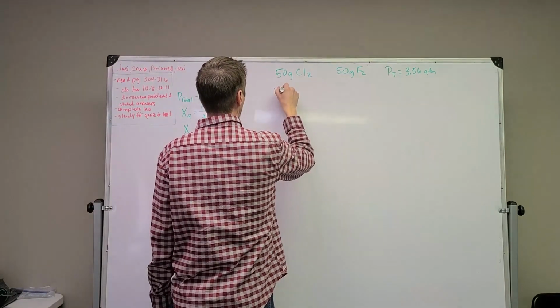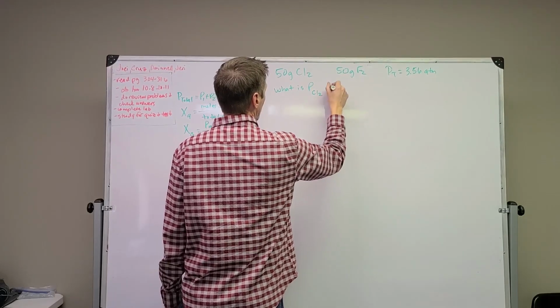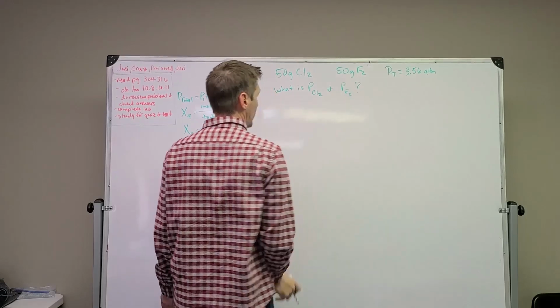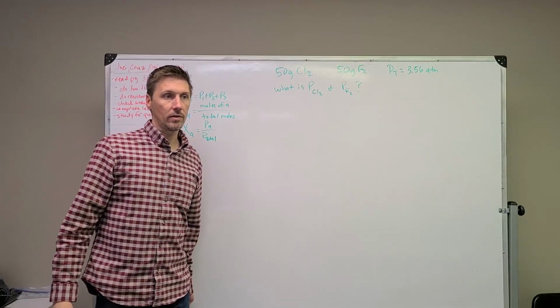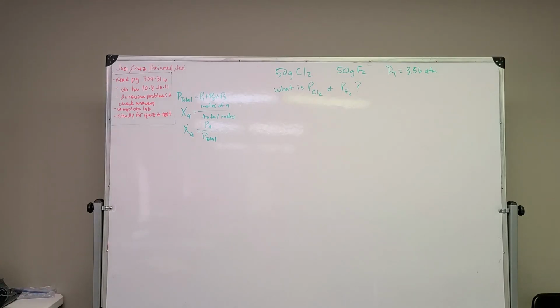So what is PCl2 and PF2? That's what we're trying to figure out, right? So now this one's a little more complicated, and you're going to get this kind of problem. You're going to get confused on a test if you can't follow this.